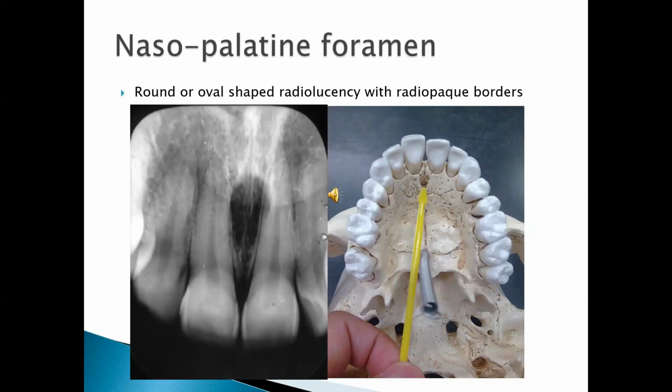Now this foramen will contain blood vessels and nerves supplying that particular area. It is usually circular or spherical in shape, and the size is usually less than a centimeter. However, in case of a cystic change within the foramen, the size can be enlarged.